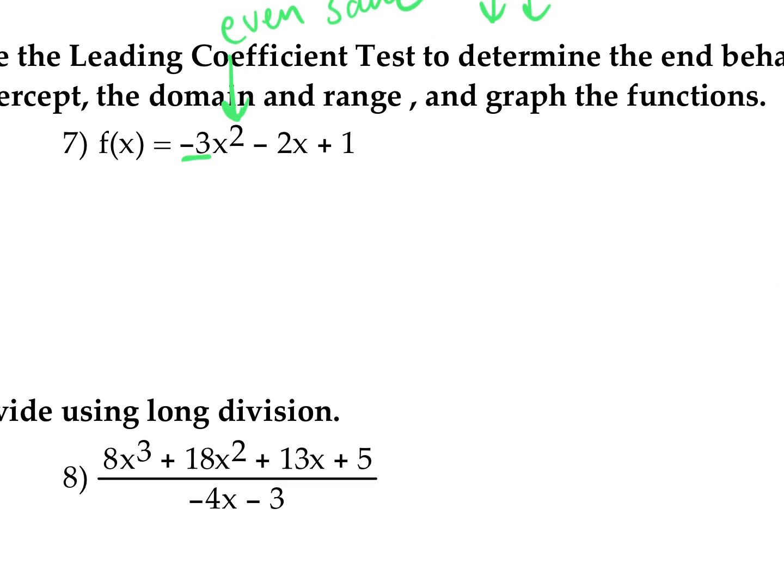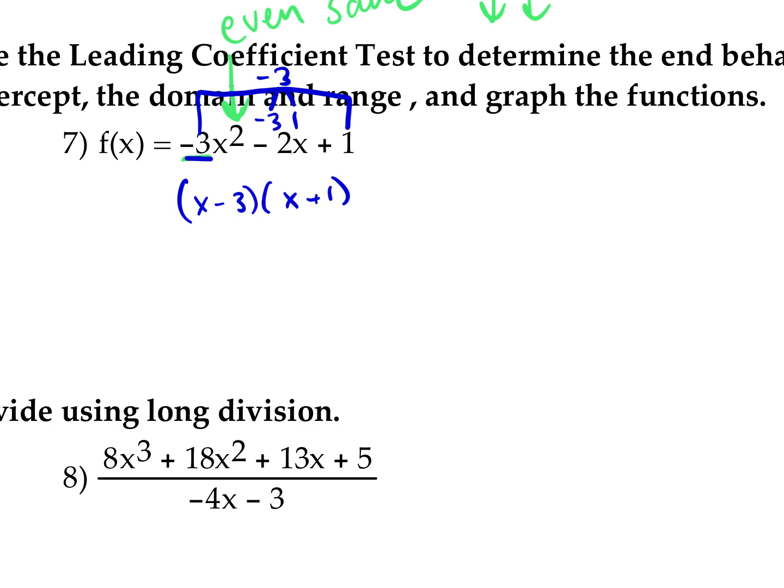Next, I can find the zeros. So I'm going to have to factor it. When our leading coefficient is not 1, we factor by multiplying the first times the last. So that would be negative 3. 2 factors of negative 3 that add to negative 2 would be negative 3 and 1. So in my parentheses, I have x minus 3 and x plus 1.